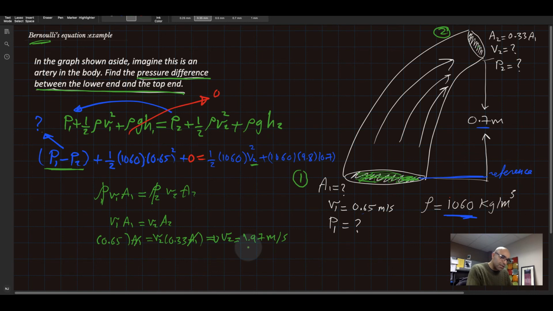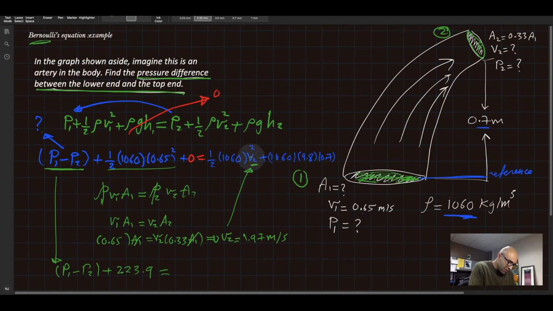It makes sense that it is faster because, as you can see, the artery tapers down and becomes narrow at the top end here. So now let's plug V2 here and make some calculations. So P1 minus P2, which we are looking for, plus this term, after we do some calculations, becomes 223.9, equal to this term.